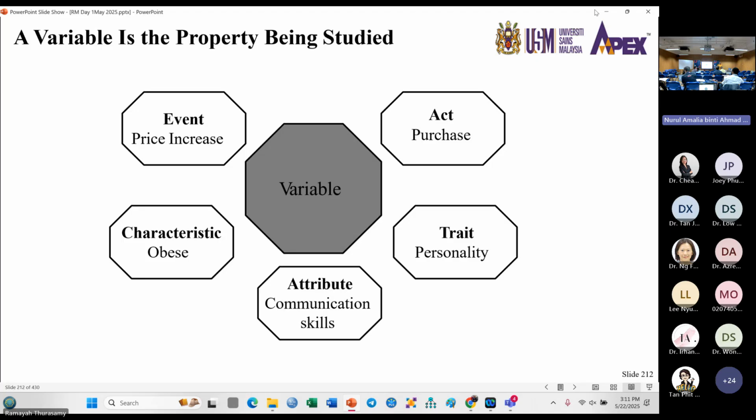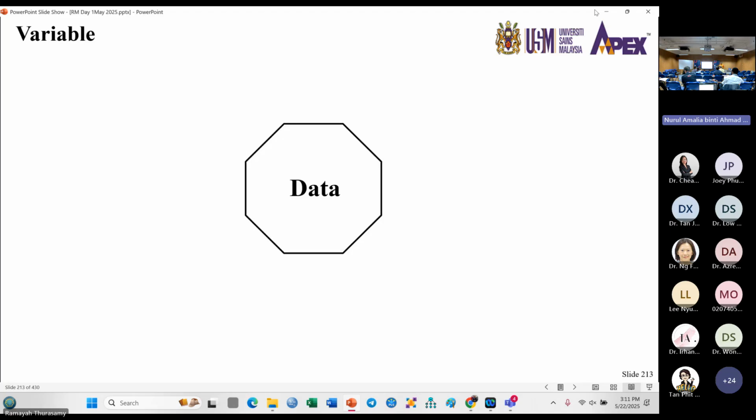It has male, female, or you can add a category. But the minimum is 2. Then we consider them to be a variable. Okay, we have this data, right? Is data a variable? Data has no meaning.